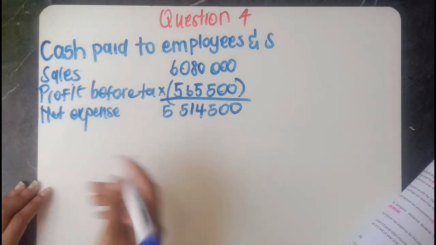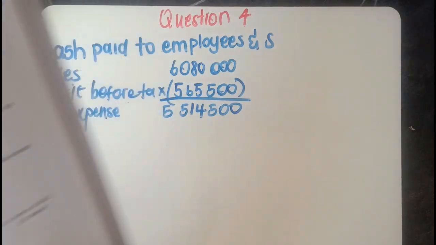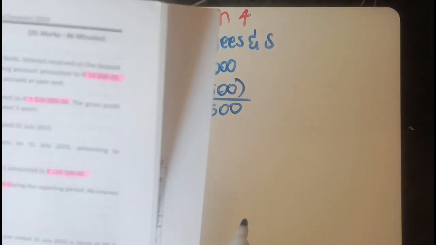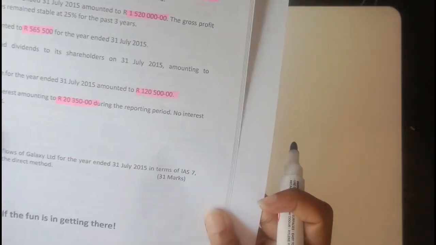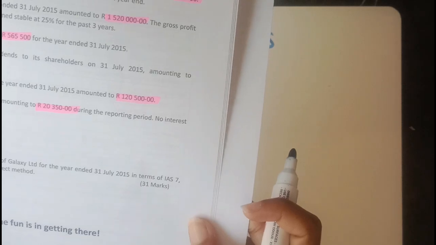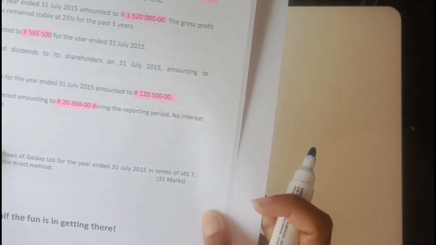So you're going to have obviously your interest expense, it has to be somewhere, and there it is. Galaxy paid a total interest amounting to 20,350 during the financial period.